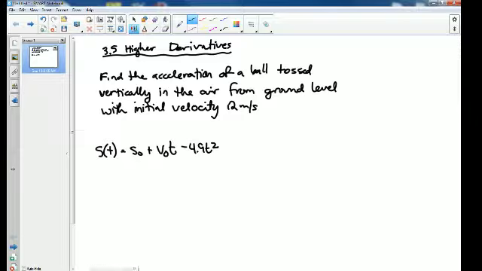Yeah. So if we have position, plug in the numbers we have, right? What's the initial height? That's height. So you're okay with S sub 0 means initial, right? Initial position. What's velocity, initial velocity 12?